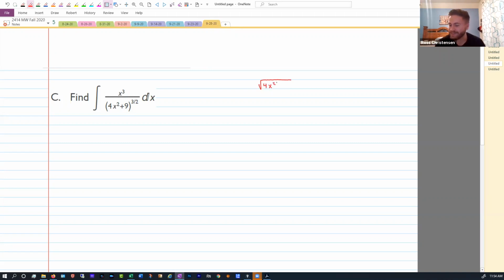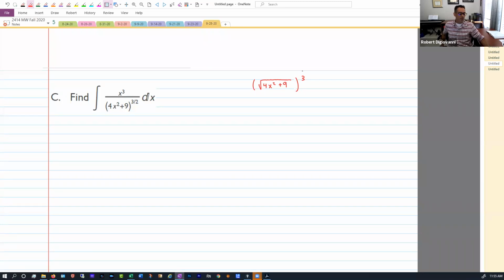I don't know if that's right or not, but it made sense in my head. That's perfect. But then would that cancel out the cubed on top with the x cubed? Mm-mm. Okay, that's where I wasn't sure, so I just wanted to double check. Yeah, but that's a good first step.